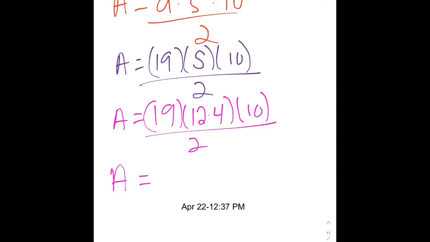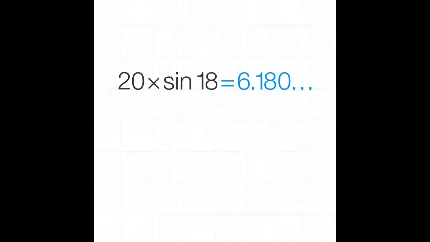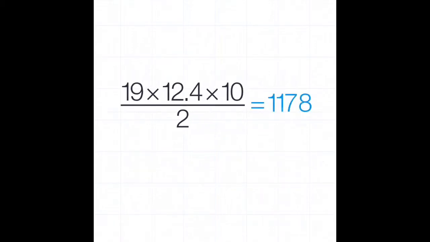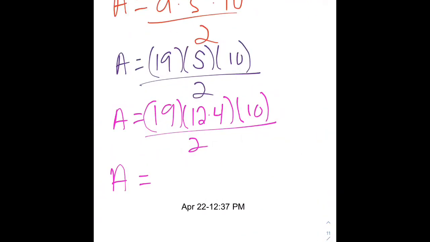So in order to get the area, I'm going to take 19 times 12.4 times a 10-sided figure divided by 2, and we get 1,178. And that would be square, oh, excuse me, we have meters. That would be meters squared.